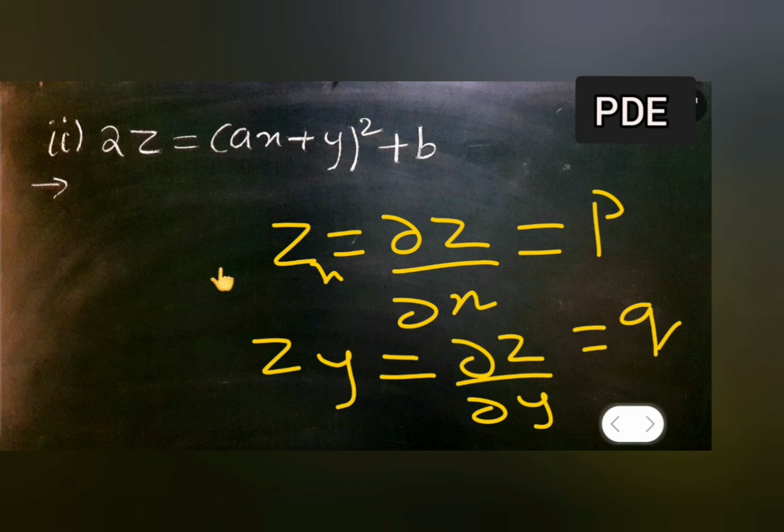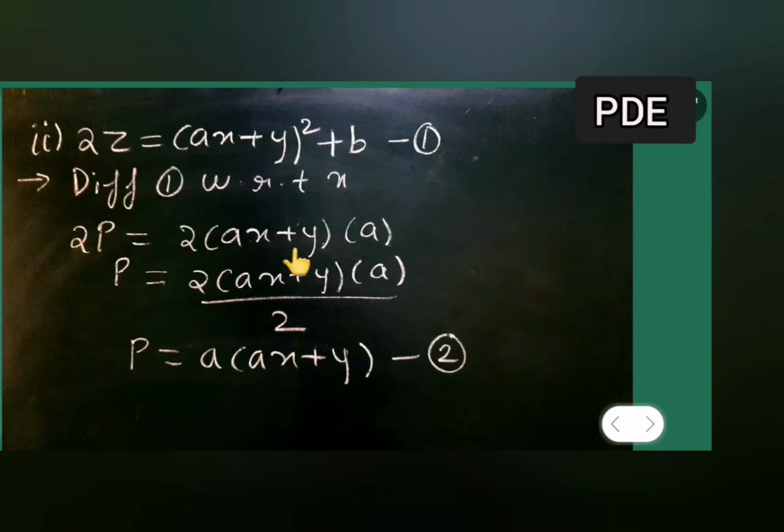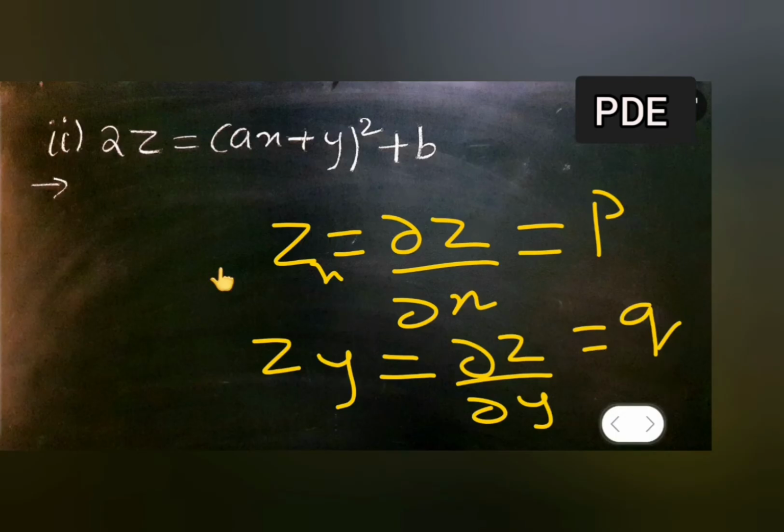Now let us plug in the values. Take this equation to be 1. Now differentiate 1 with respect to x. First I am going to differentiate this with respect to x. So z, if you differentiate with respect to x, you are going to get p.